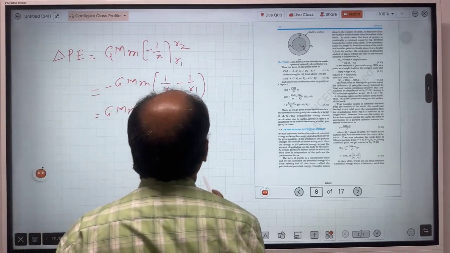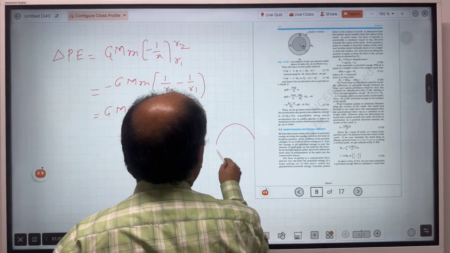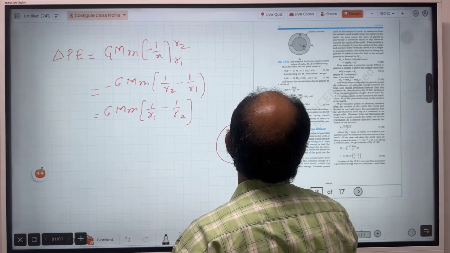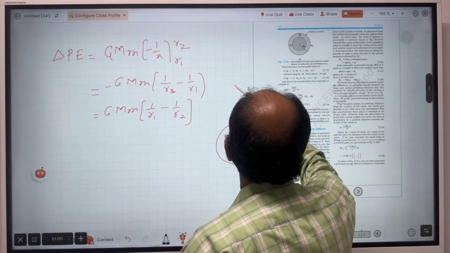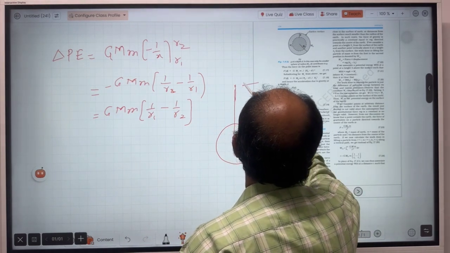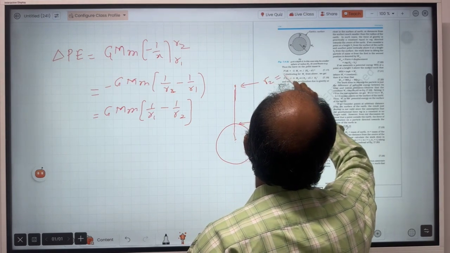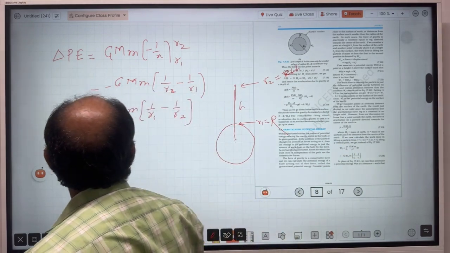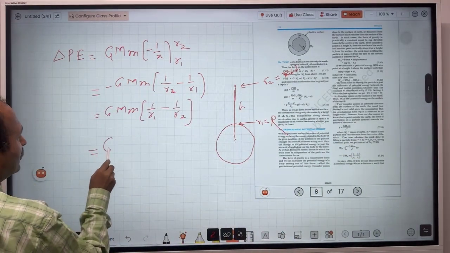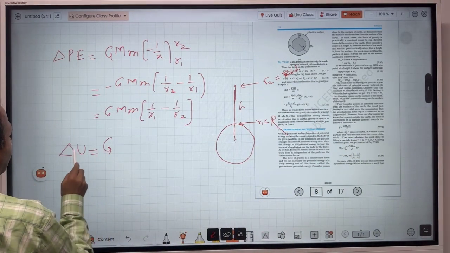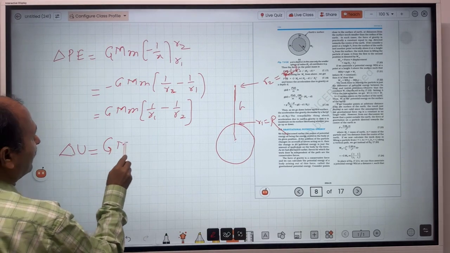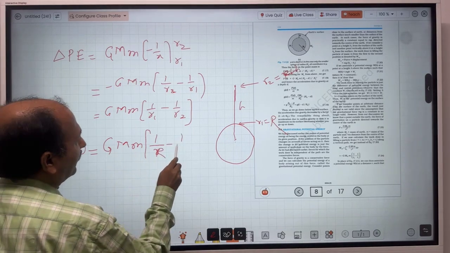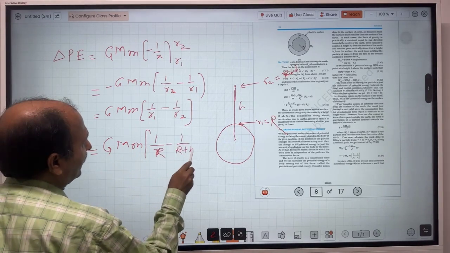So now if you assume that this is Earth and this one point r1 is here, so r1 will be the radius of Earth, and suppose this is one point here at height h, so r2 will be r plus h. So then in that case this is the change in potential energy, GMm, 1 upon r minus 1 upon r plus h.